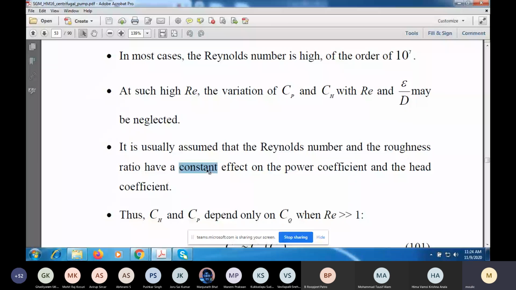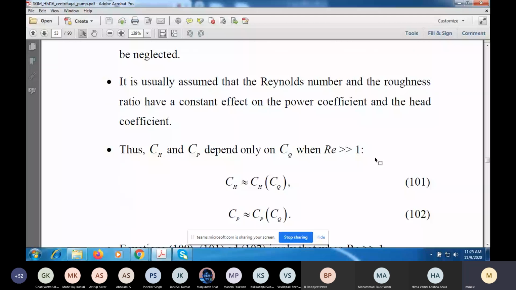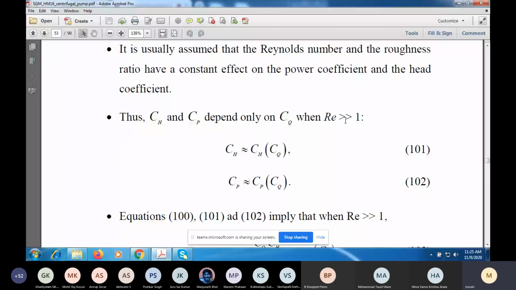That is, variation in the RE does not affect CP and CH when the RE is large. When the RE is low, it will have an effect. And when the RE is large, the variation of epsilon by D also does not have any effect. So we can conclude that there's only one non-dimensional parameter which controls the non-dimensional head coefficient and the non-dimensional power coefficient.